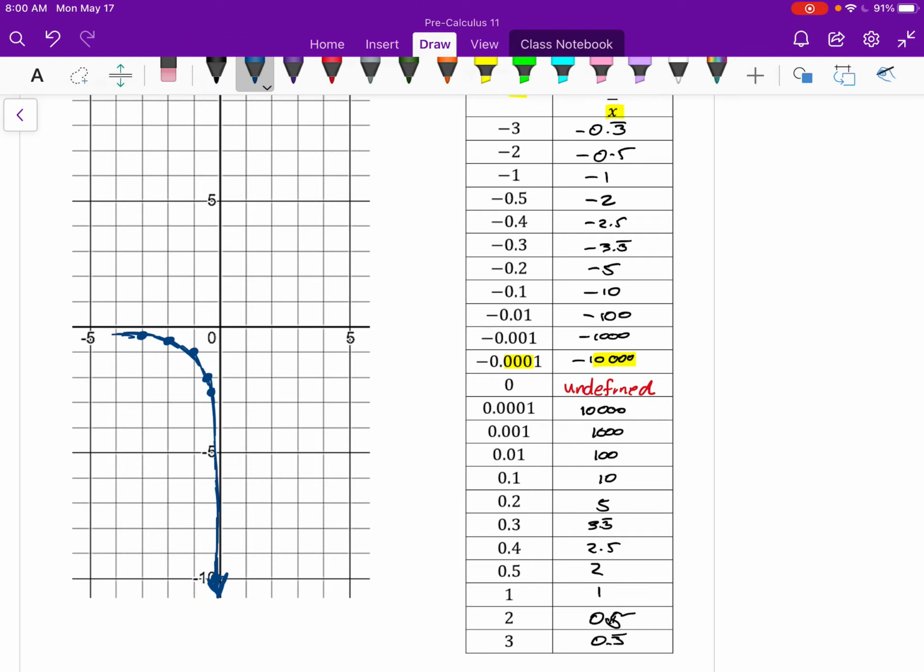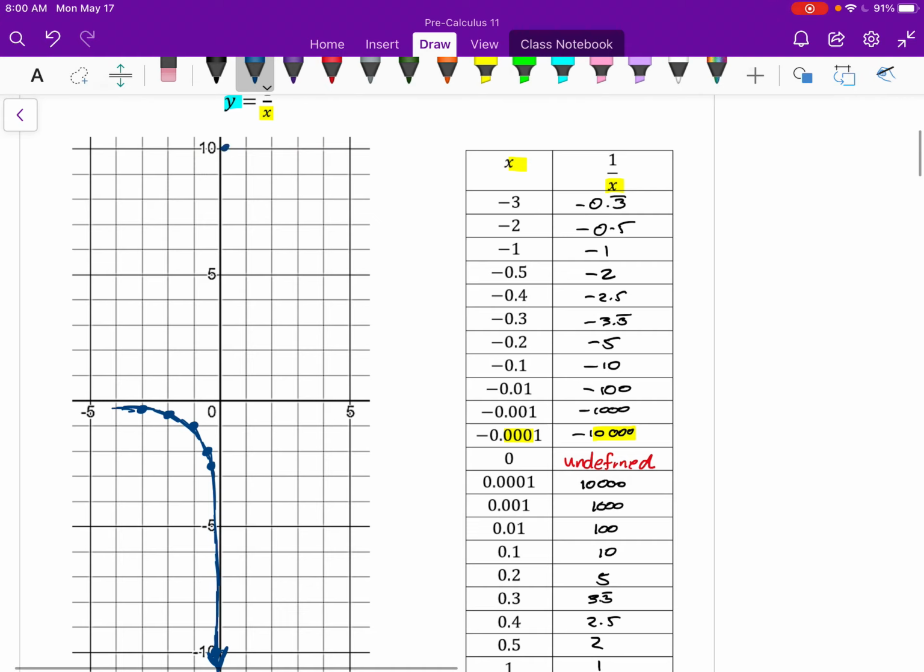Up here, I get the exact same idea. The closer I get to 0 from the right, the larger my value gets. There's no limit to how close I can get to 0, so there's no limit to how high up this function goes. But then after a while, it follows the same pattern, where it starts to get closer and closer to the x-axis. And so it must look something like this.